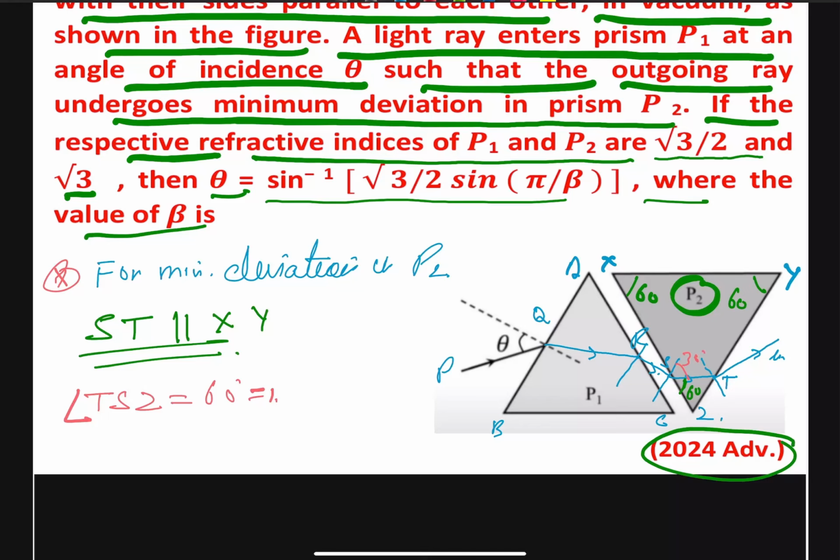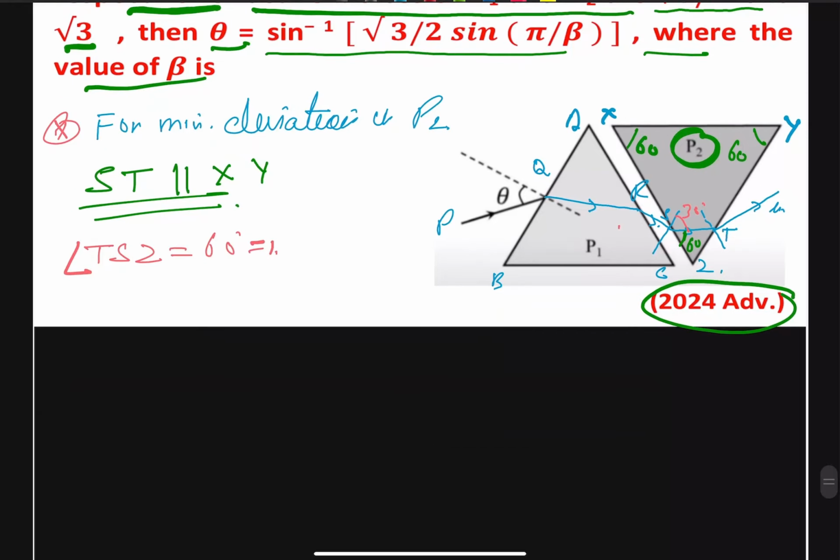So let us call this R1, this R2, and let us call this R3, and this our R4. So if angle TSZ is 60 degrees, therefore we can say our R3 will be equal to 30 degrees.